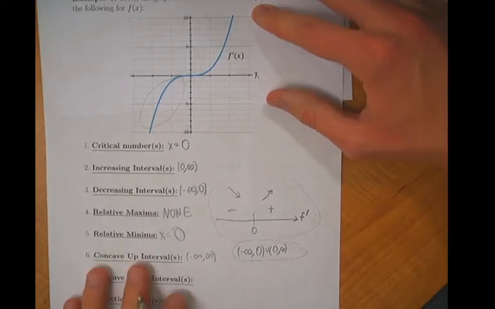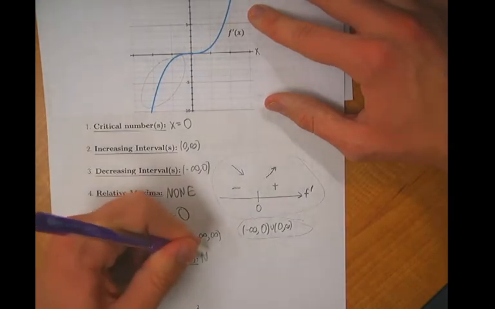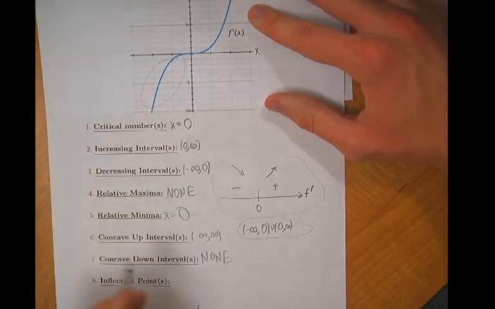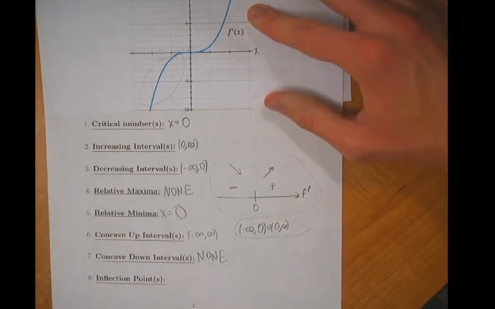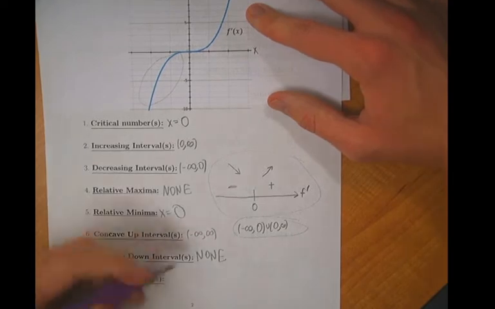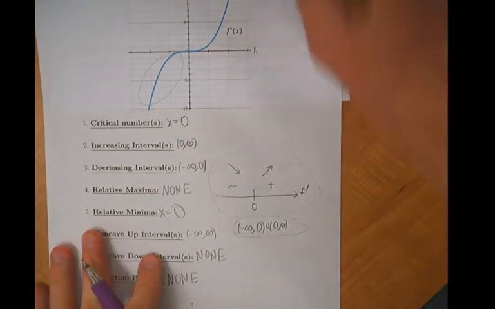The nice thing is that as a result, there can't be any concave down intervals, because concave up encompasses the entire real line, so concave down is gone. And since the concavity doesn't change, the number of inflection points is 0, right? So no inflection points. Okay.